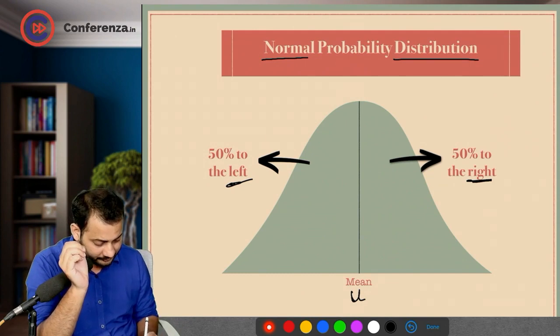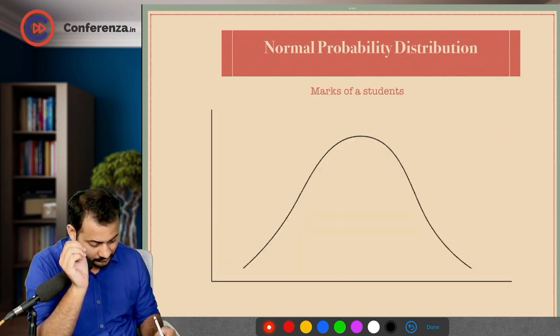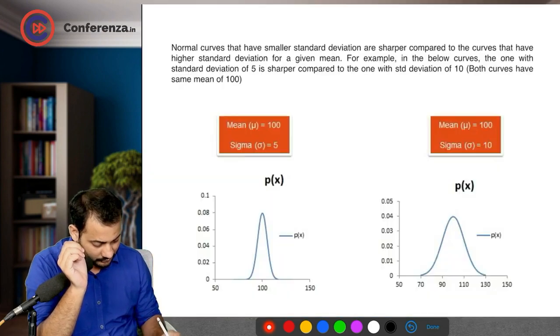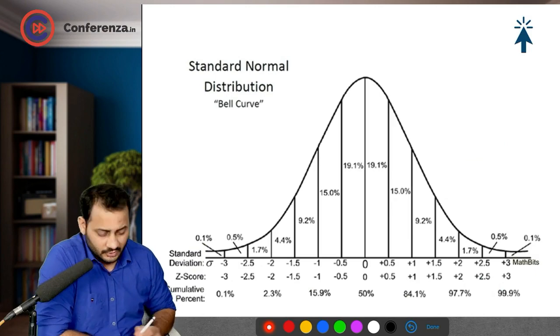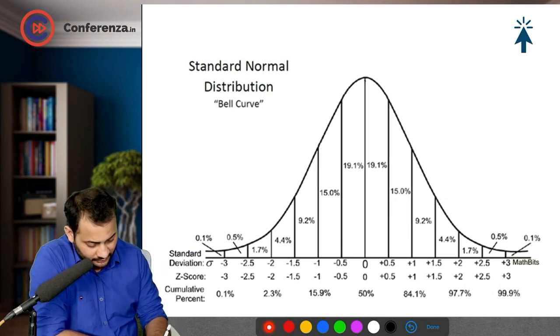After that, this is the example. Now I'll take another example. So this is a bell-shaped curve, and you can clearly see the mean is here.